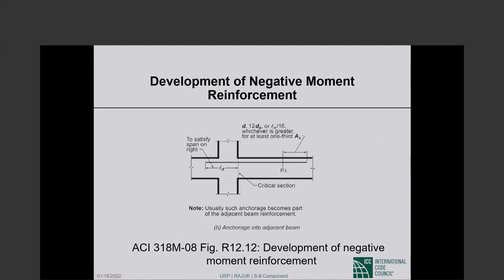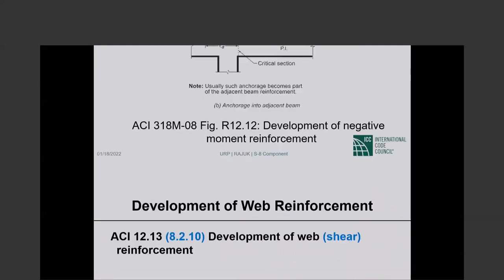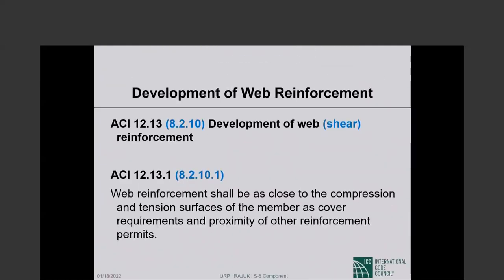I think this is a very clear-cut picture of what we have to do. So, development of flexural reinforcement, development of positive reinforcement, development of negative reinforcement.